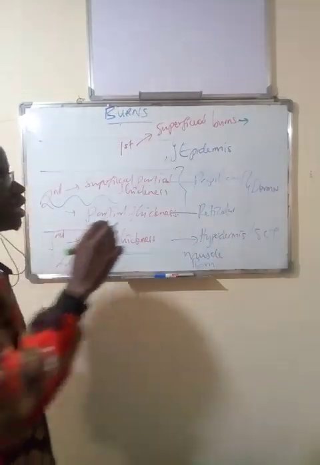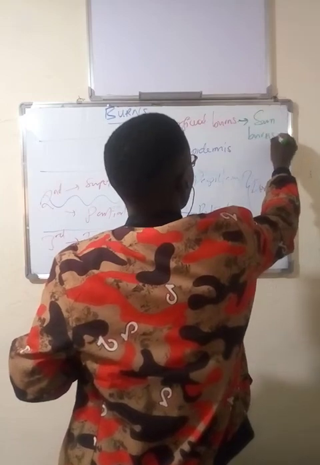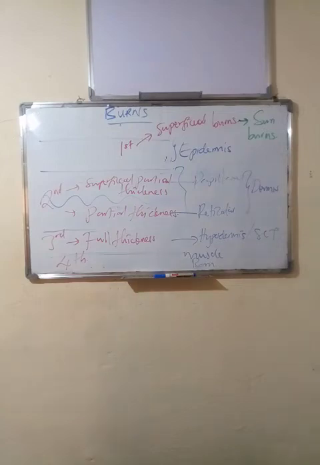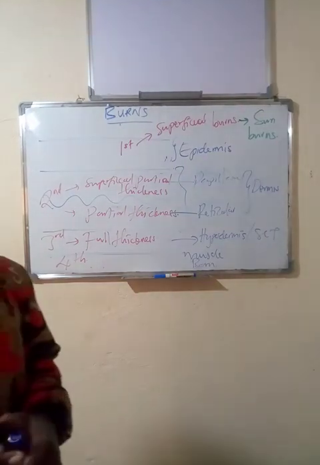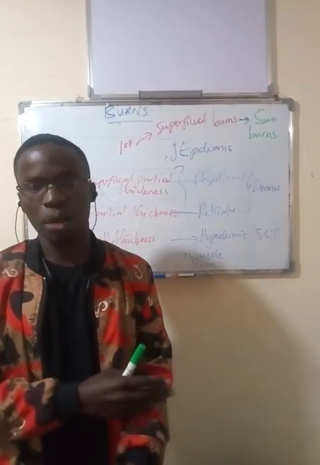Now, when you look at the superficial burns, specifically first degree, this is where we have things such as sunburns. You know how, especially in Caucasians, when they go to an area where there is a lot of heat, their skin will become erythematous.